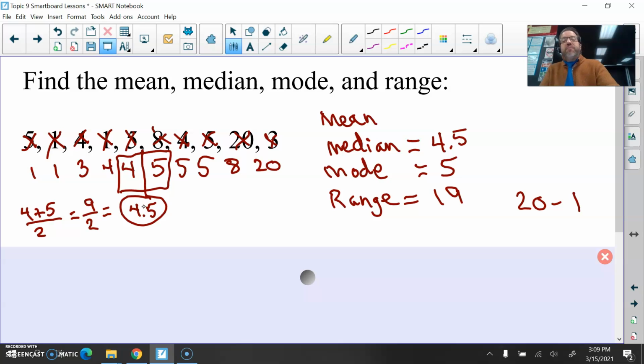Now the mean, or the average, is found by adding these all together, and in this case we'll end up dividing by 10 when we're done, because we have 10 numbers here. Okay, you can use a calculator to add these together, but again, I think I'll do it mentally just to save some time. 20 plus 8 is 28, 33, 38, 43, 47, 51, 54, 55, 56.